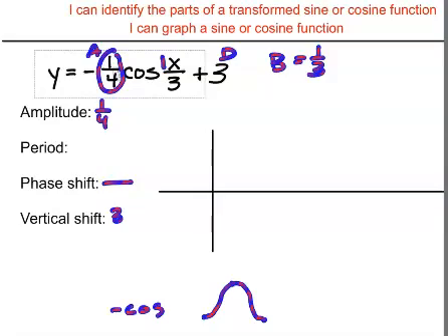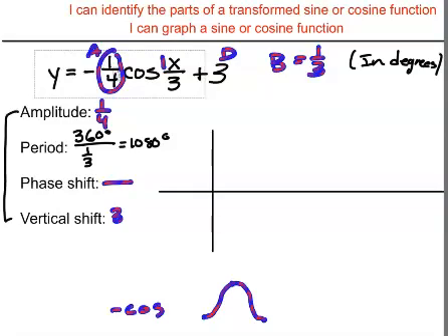And remember that your period you find by doing the period over B, whatever the period is. We'll go ahead and do this in degrees. There's nothing here that tells us if it's in degrees or radians. So I'll just say we'll do this in degrees. And so we take the typical period, 360, and we divide it by B. So if I multiply the top by 3 and the bottom by 3, this is the length of the period.